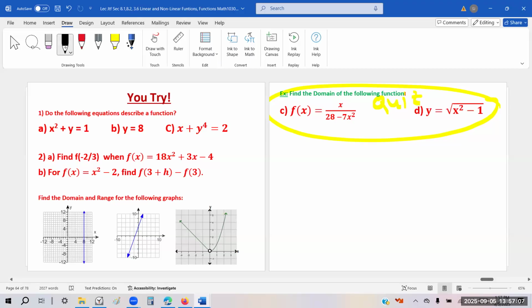Okay, volunteer for C. Any volunteer for C? Go ahead, Daniel. 28 minus 7x squared cannot equal 0.